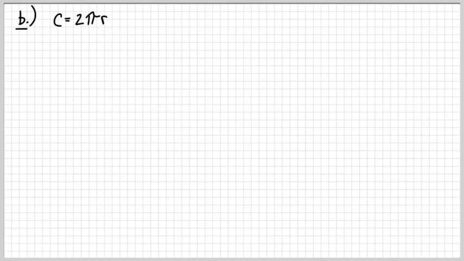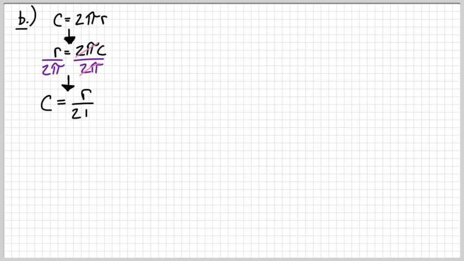So the first order of business would be to switch the variables, C and r, and solve for C. So just divide both sides by 2 pi. And then what do we have for C? So I get C equals r over 2 pi. And since this is the inverse function, let's go ahead and put inverse notation on it.